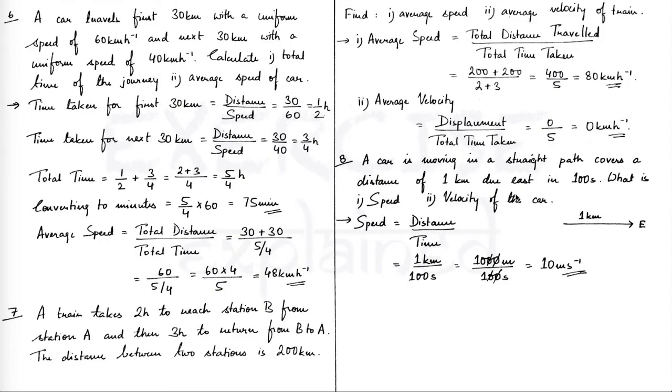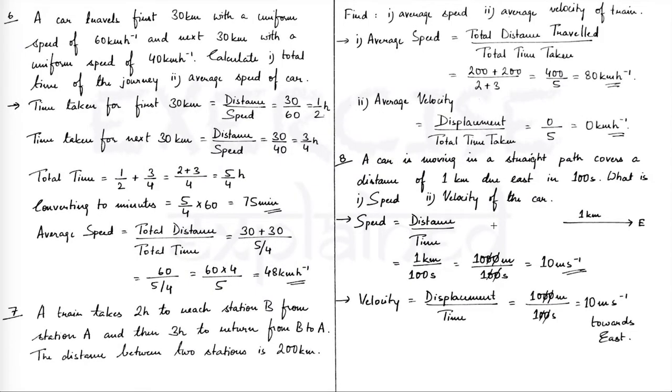Now for finding the velocity of the car, we will be using displacement by time formula. Since it is going in a straight line, distance will be equal to displacement. So displacement will also be 1 kilometer. So for velocity, I'll be using displacement divided by time. That gives me 1 kilometer divided by 100 seconds.